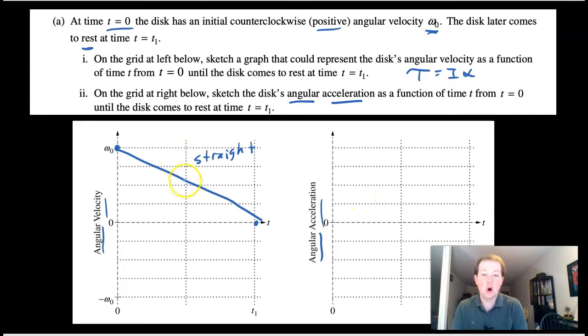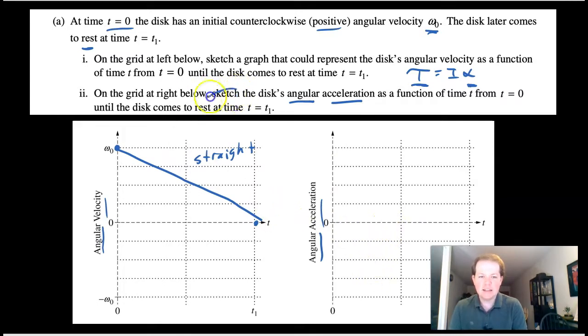Here I have a constant negative slope, so I should have a constant negative value. And again, that should make sense because we saw that the torque from friction is constant, so the acceleration is constant. And this is a frictional torque, which is usually opposing, or it is opposing sliding motion. So I should have a negative acceleration.